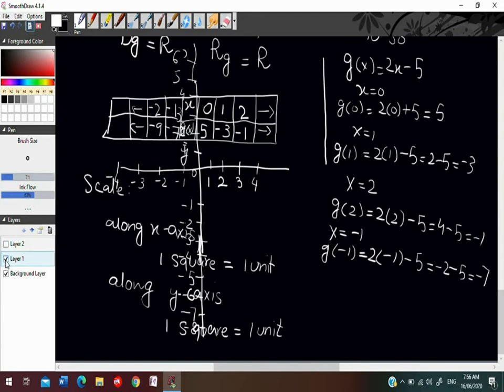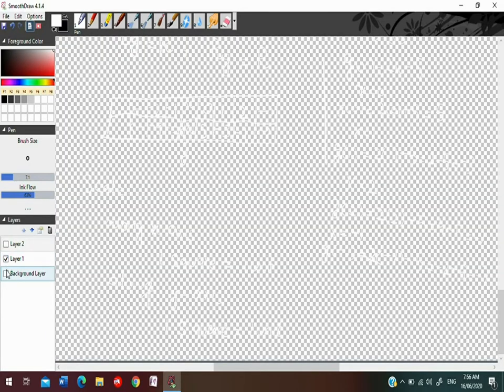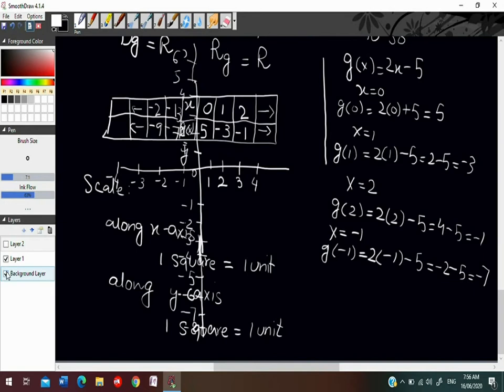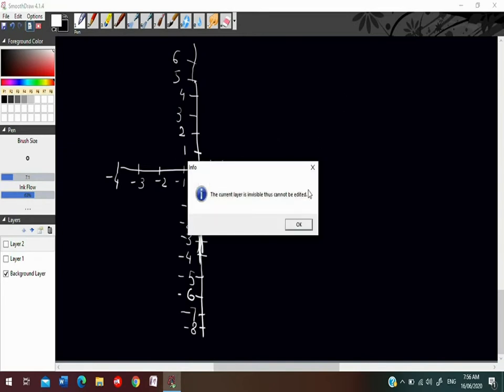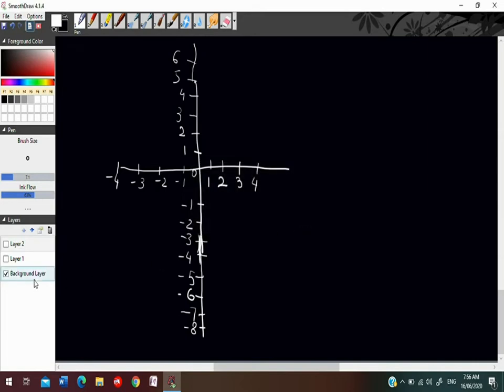Okay, in our graph, here I will write again the values of our table. Our values were x and g of x, right?